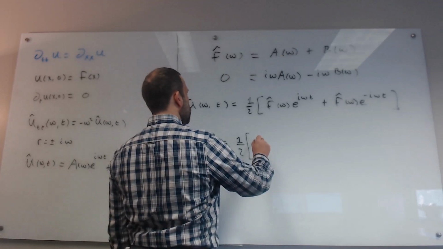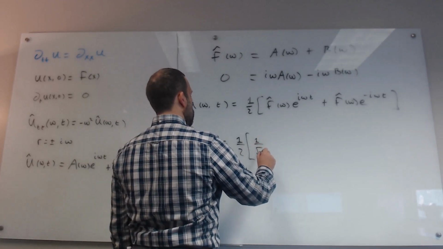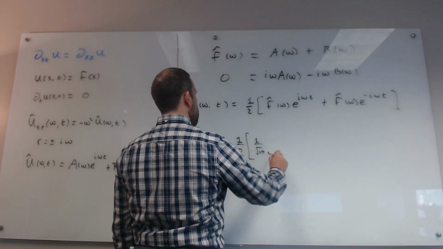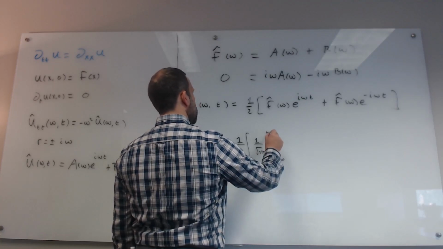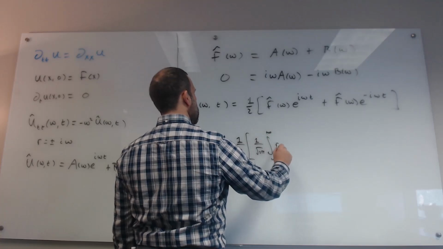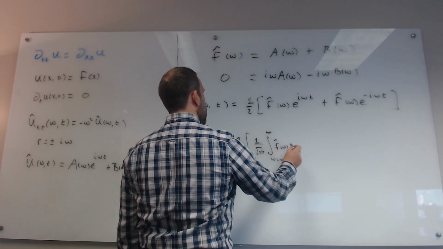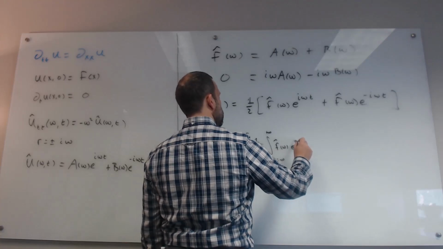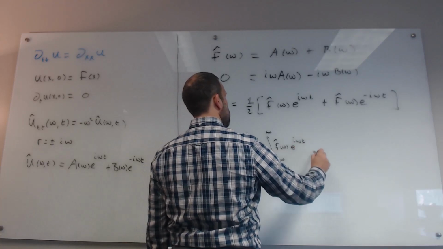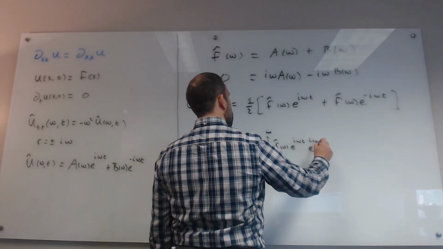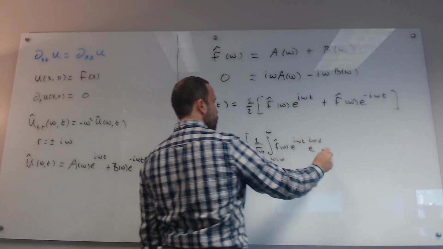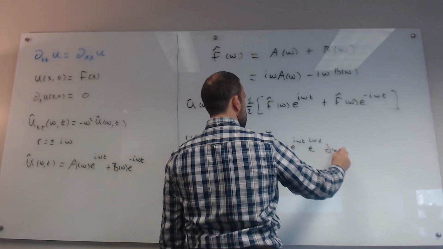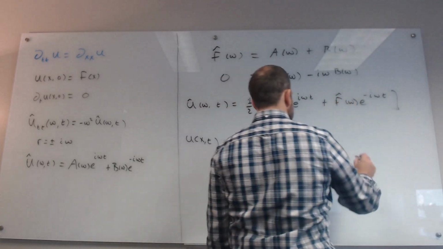Okay, so we're going to have 1 over the square root of 2 pi times the integral from omega equals minus infinity to positive infinity of f hat of omega e to the i omega t e to the i omega x. This e to the i omega t comes from that, and this comes from the inverse Fourier transform formula.